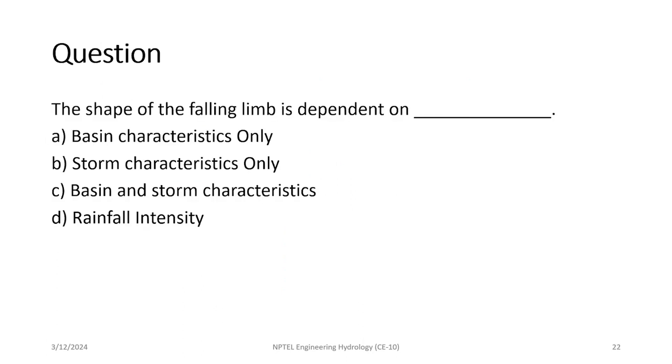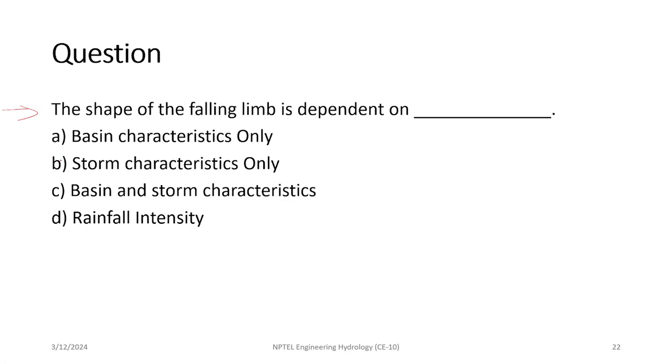The same question has been mentioned here: the shape of the falling limb is dependent on basin and storm characteristics. In the falling limb you will not get any storm characteristics now, because rain has already stopped.